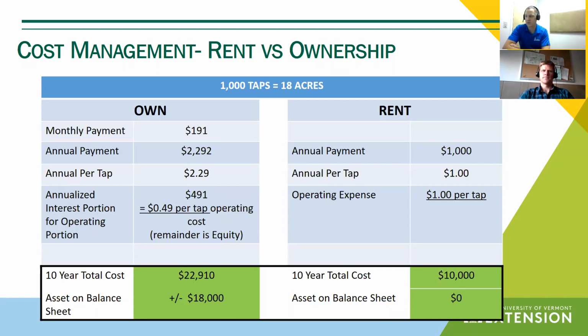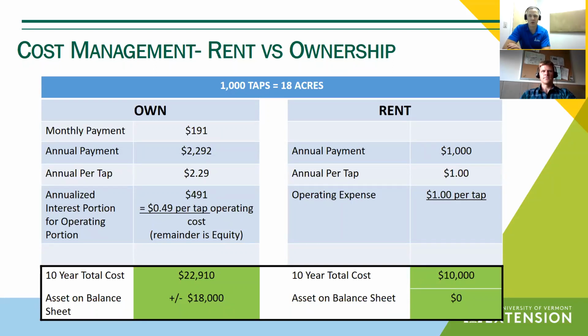We'll just leave it to know if that land will appreciate and at what percentage over time. But theoretically, you've got an asset there compared to the rental proposition where your cash cost will be certainly much less, $10,000 over 10 years, but you're going to have no corresponding asset.